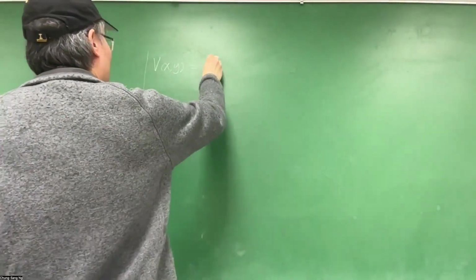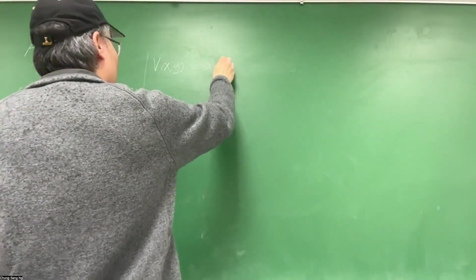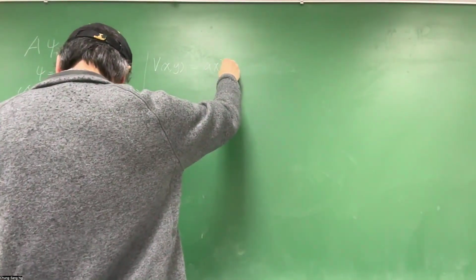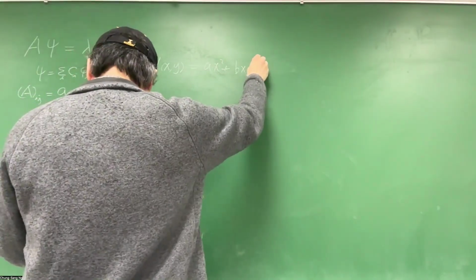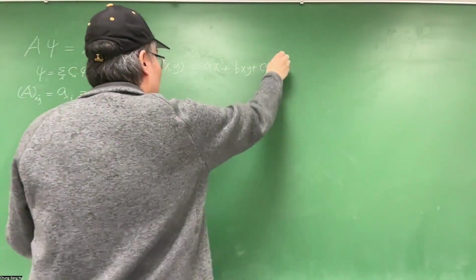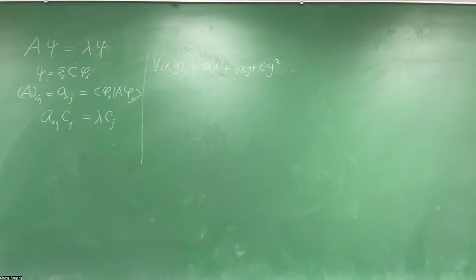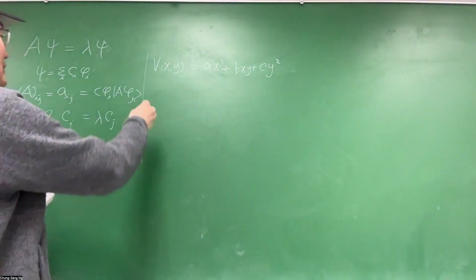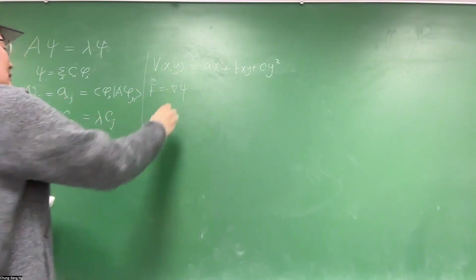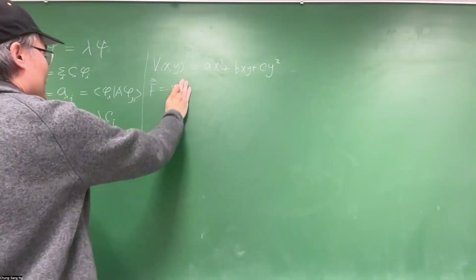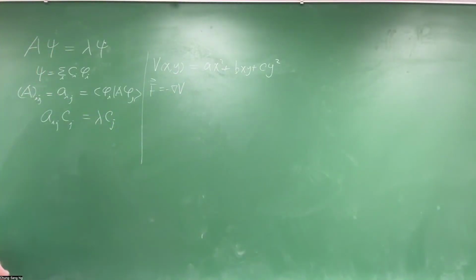The potential is given by a x squared plus b x y plus c y squared. Right. So this is the potential, and then the force is minus the gradient of V. The gradient of V gives your force.